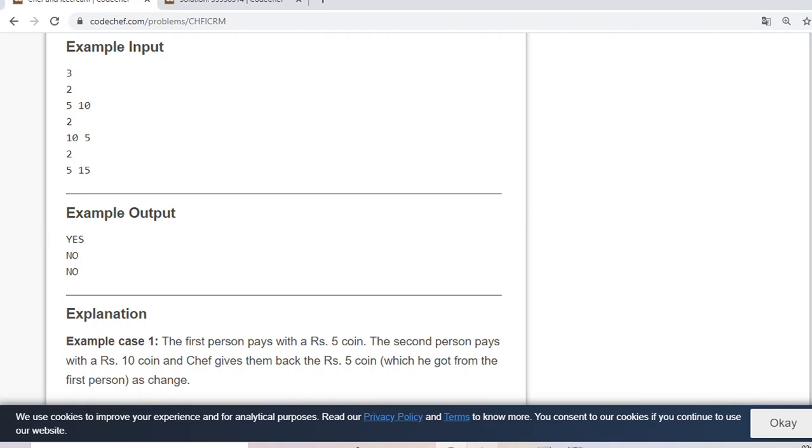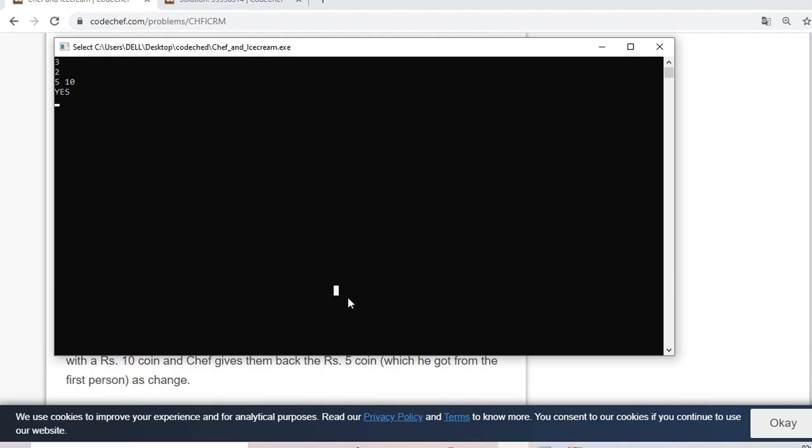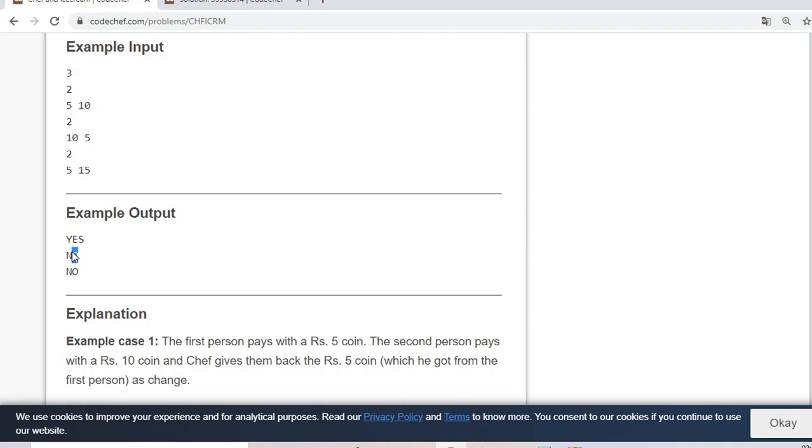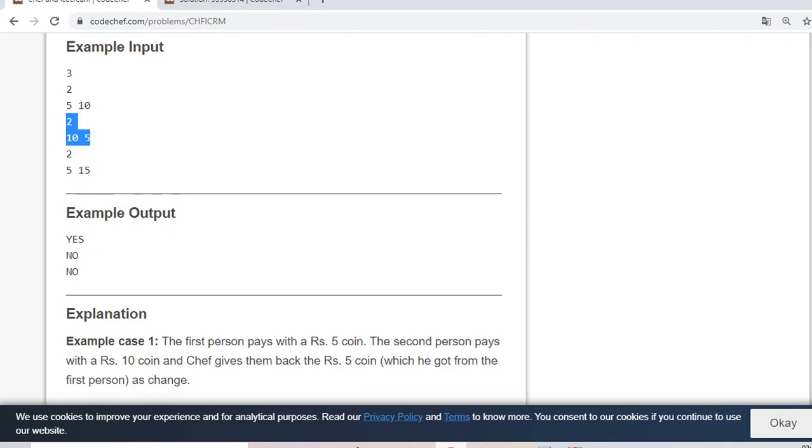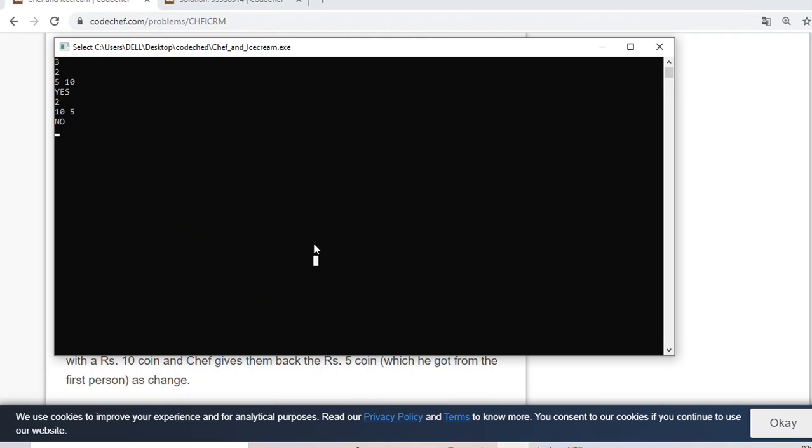In the second test case, again there are 2 customers, customer 1 has a 10 rupees coin and customer 2 has a 5 rupees coin. This is no, you can see. And in the third test case, again there are 2 customers, customer 1 has a 5 rupees coin and customer 2 has a 15 rupees coin. In that case it will again be no.